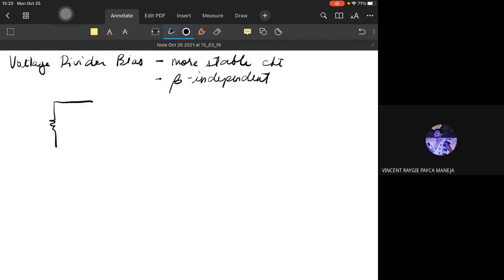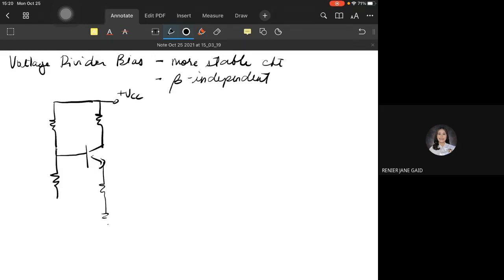So ig-ani, no? We have the collector resistor, the base resistor, the emitter resistor. This is the VCC, and we have another base resistor.